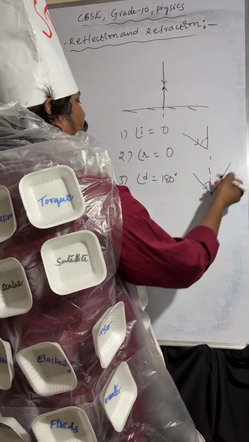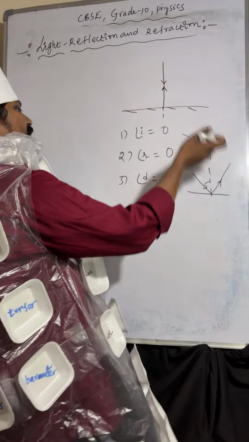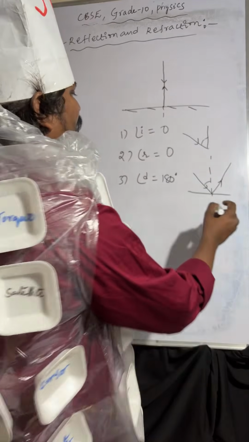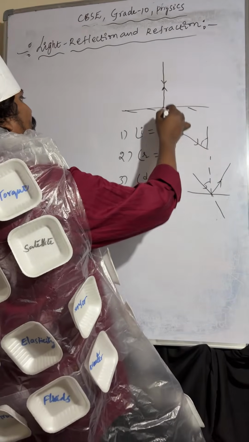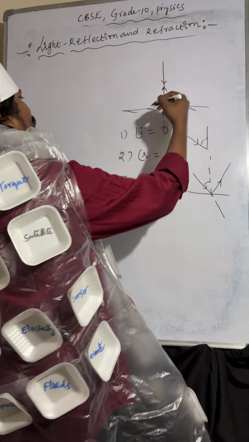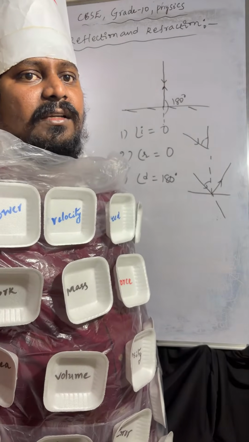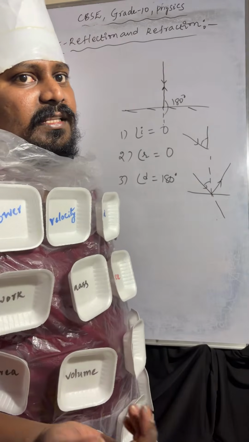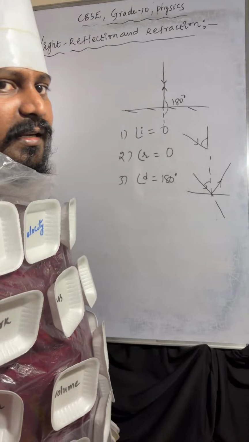The angle between the reflected ray and the normal line is the angle of reflection, and it is reflecting back, so the angle of reflection is also 0. And the angle between the reflected line and the undeviated line is 180 degrees. Understood or not? So angle of incidence 0, angle of reflection 0, angle of deviation 180 degrees.